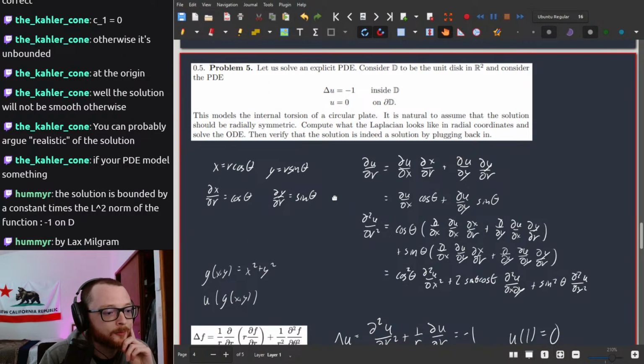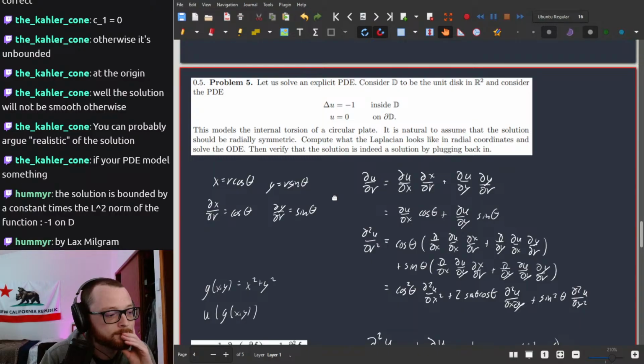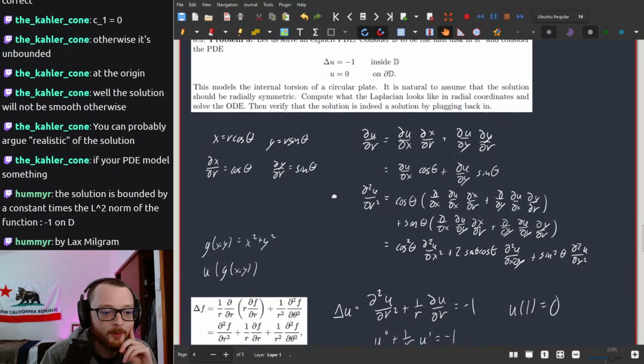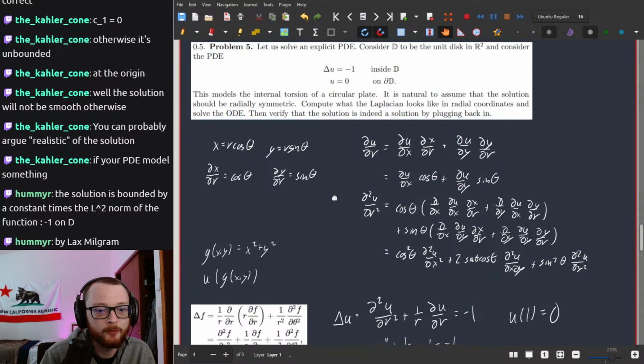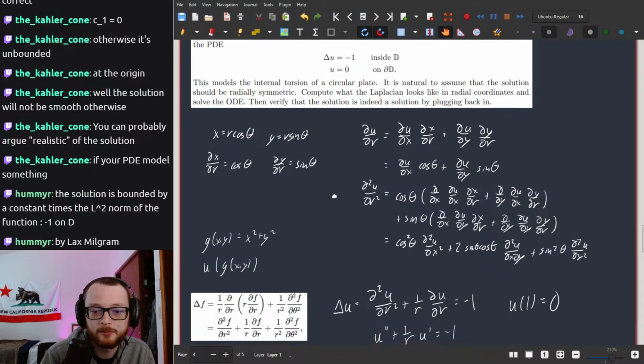The solution is bounded by a constant times the L2 norm of the function. Oh, fair enough. Aside from the issue with actually deriving the Laplacian in radial coordinates, I guess I'm happy with this problem.